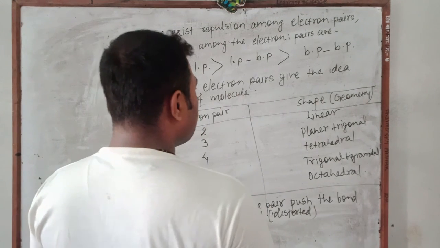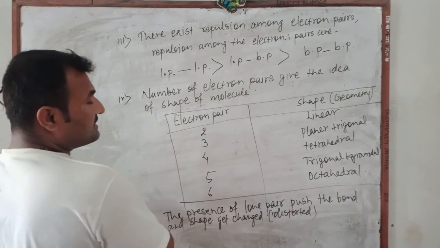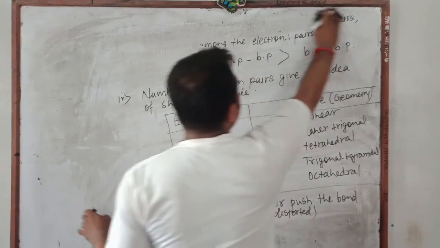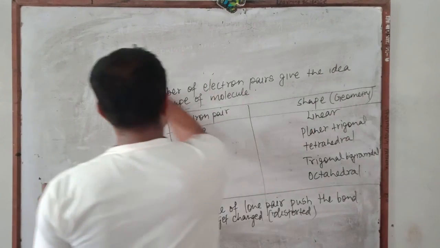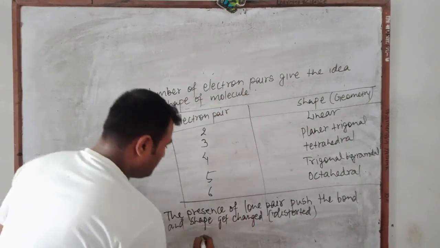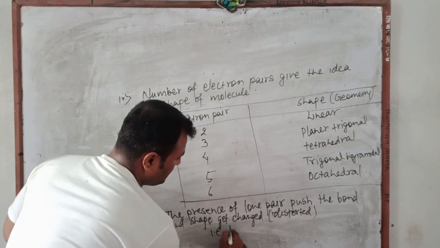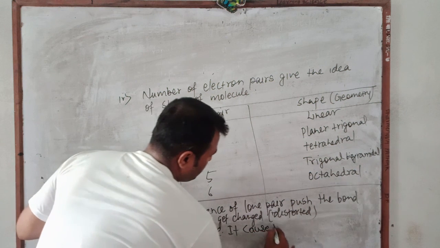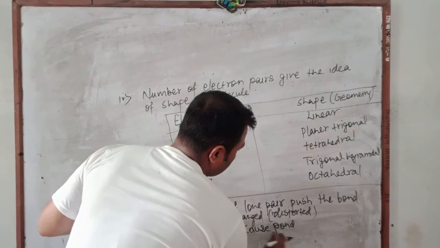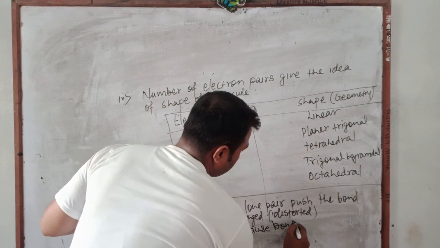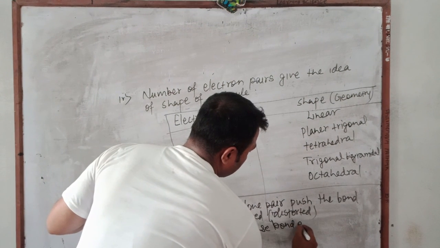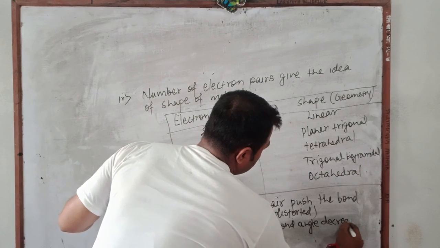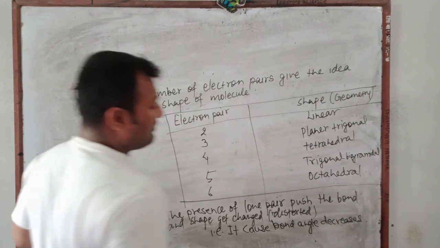Yes, and that number of lone pairs actually determines the shape of a molecule. That is, it causes the bond angle to decrease.